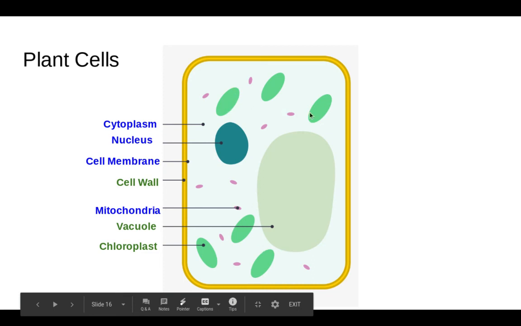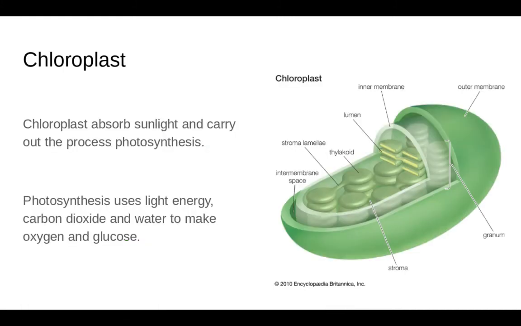Plants have many chloroplasts. So the photosynthesis happens here in the chloroplast. So photosynthesis uses light energy from the sun, carbon dioxide, and water to make oxygen and glucose, okay? So that is photosynthesis, and it happens in the chloroplast.